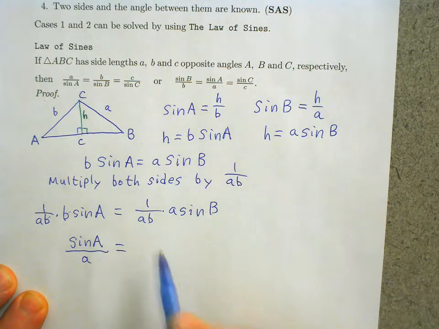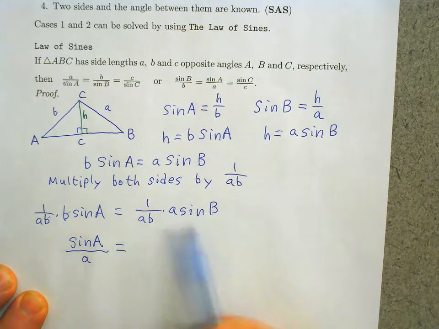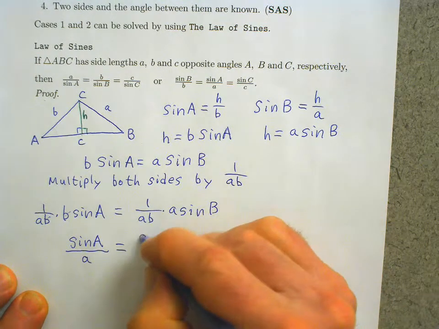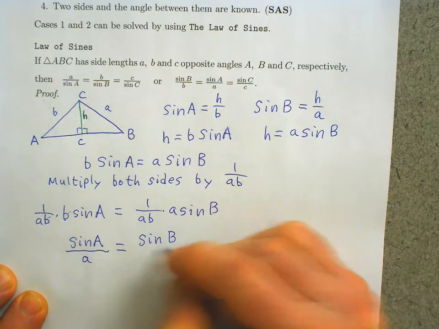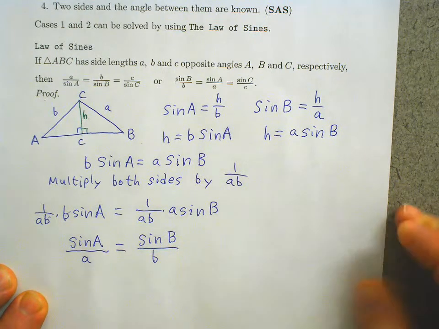And on the right-hand side, the a's cancel. 1 over b times sine of angle B is sine of B over lowercase b.